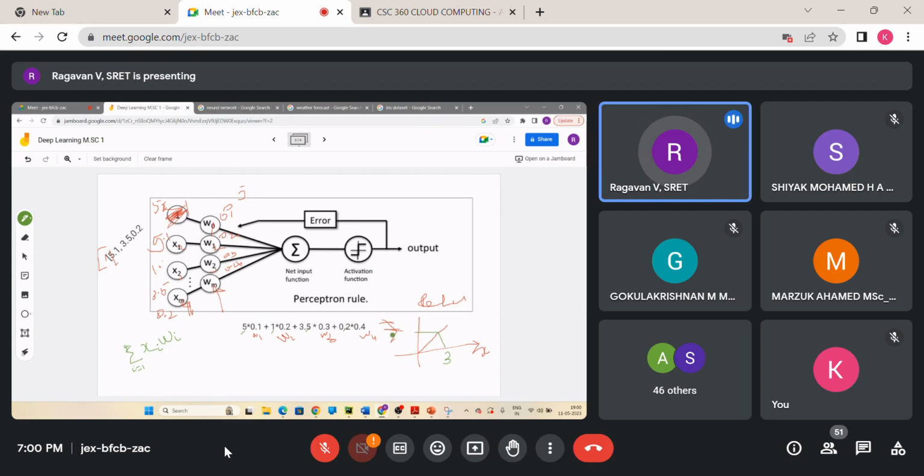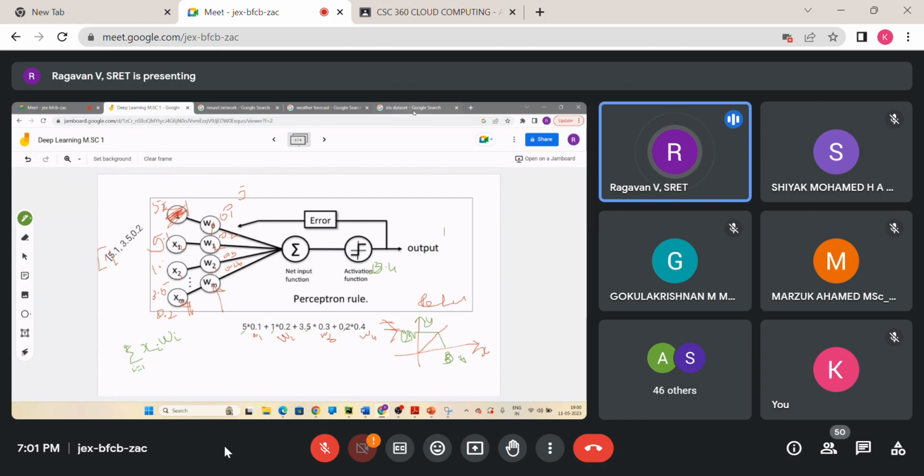The associated y is 3, but different activation functions are there. So this 3 will go here. Just take this as 0.4, also 0.4 output. Suppose my output is 1.